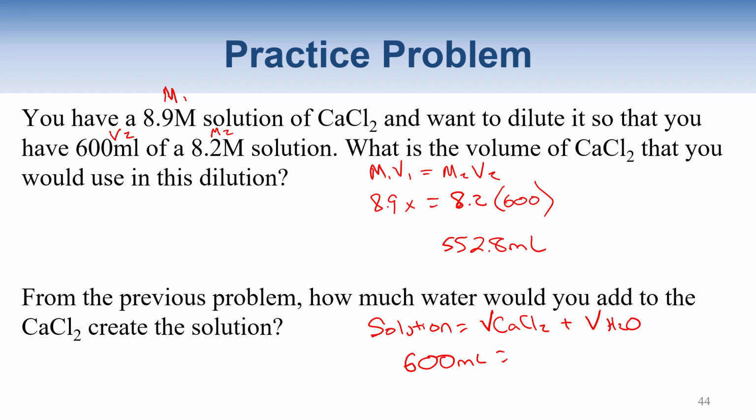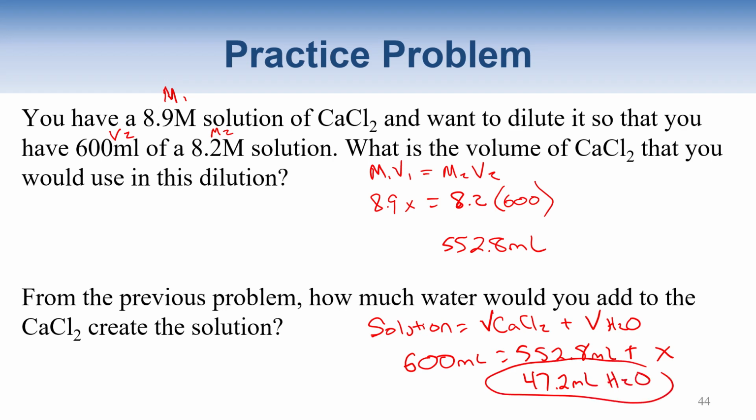The volume of calcium chloride that we're going to have to add is 552.8 mils plus x. We don't know what the volume of water is. That's what we're trying to figure out. So you're just going to take the 552.8 from the 600. So 600 minus 552.8, we get 47.2 mils of water. So that's how much water we'd have to add.